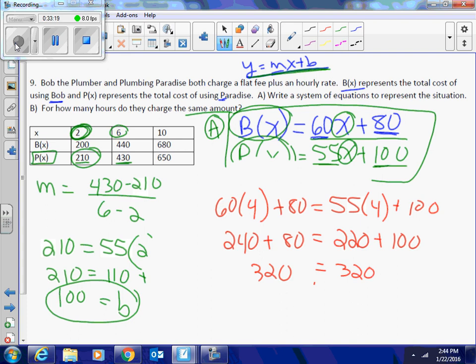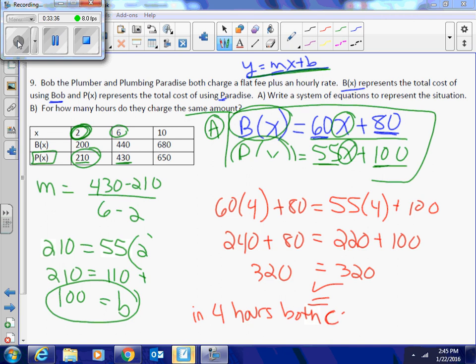So not only have we checked our problem, we've also found out that in 4 hours, both companies charge $320.